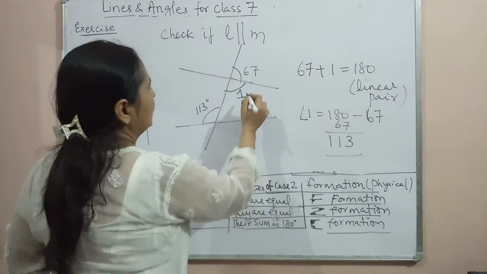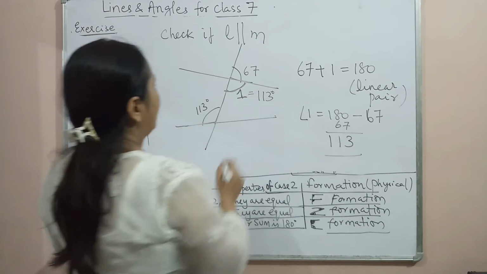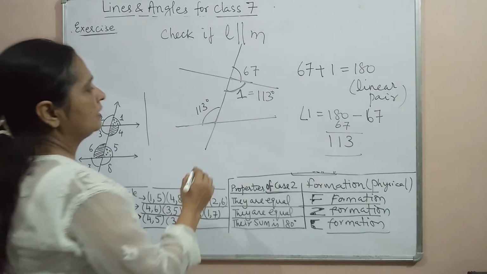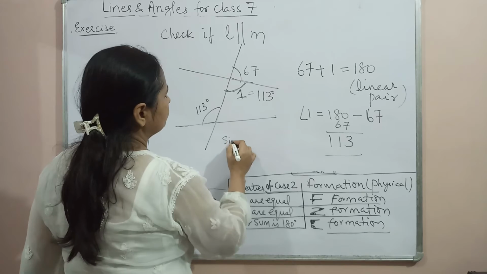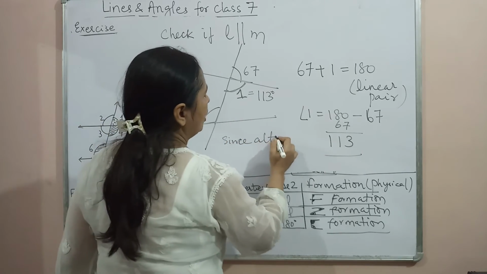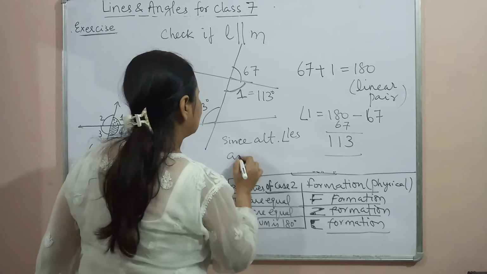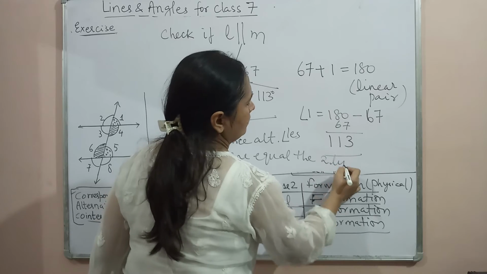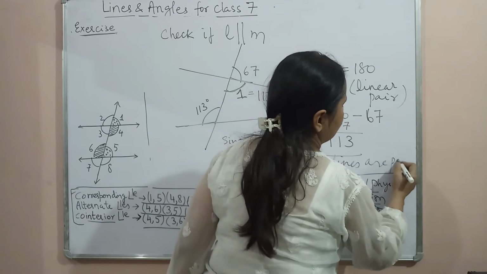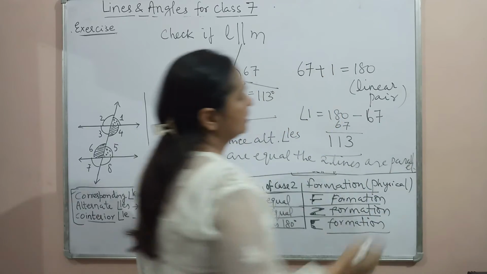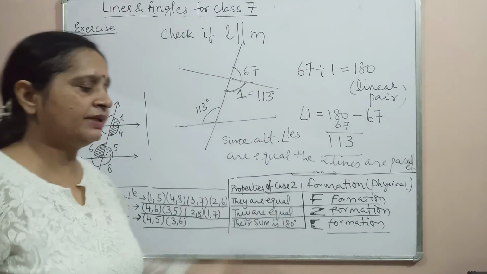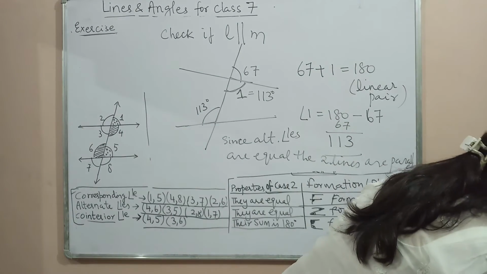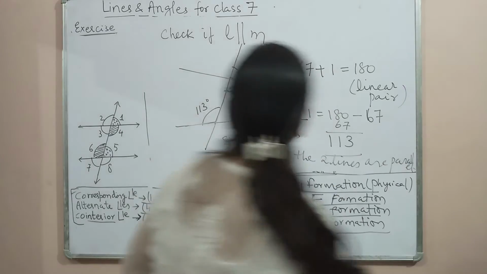That means angle 1 is 113 degree, and since this angle and this angle are equal, alternate angles are equal, the two lines are parallel. Alright? If these were unequal, it would mean the lines are not parallel. Now let me give you one more question which I'll explain and leave it to you.